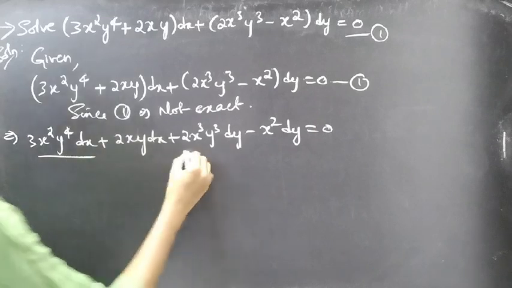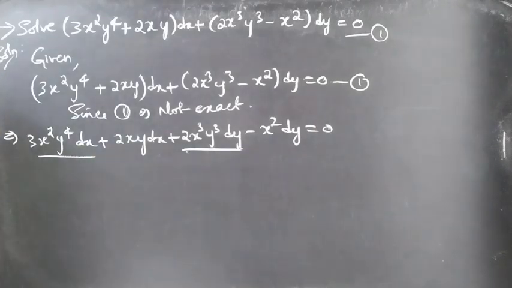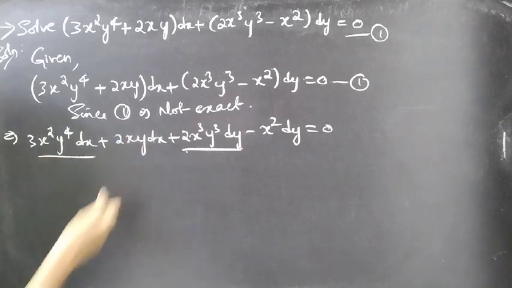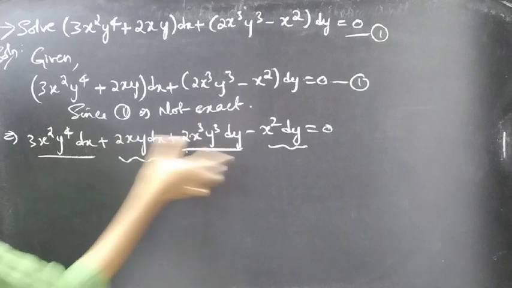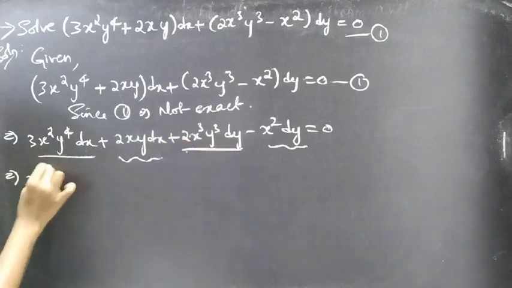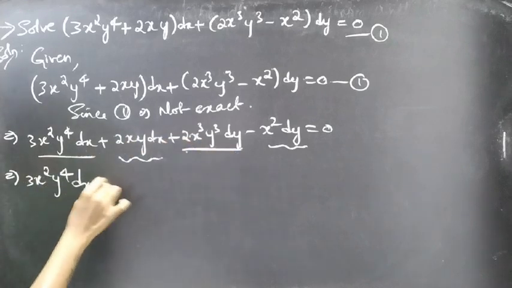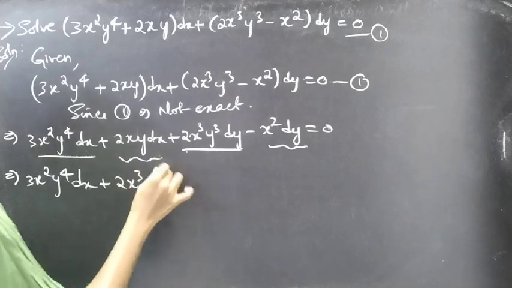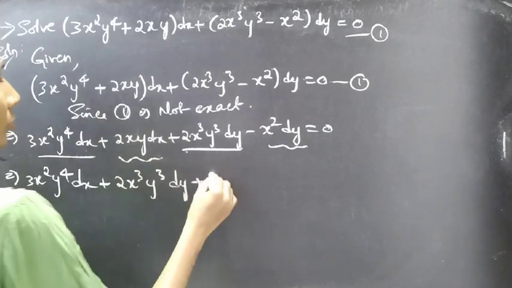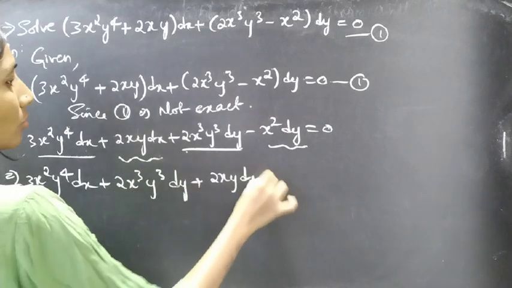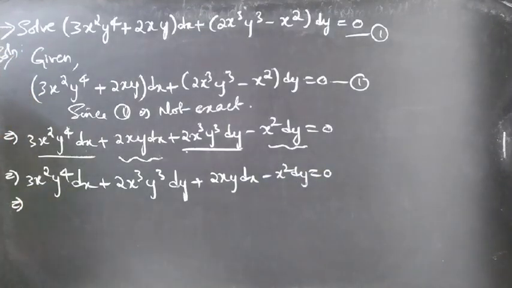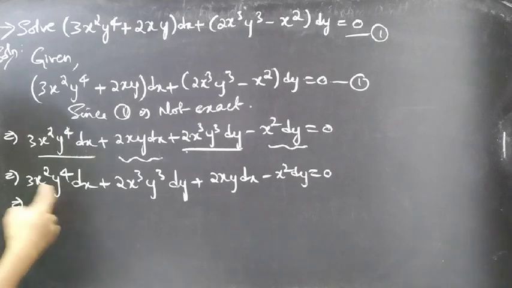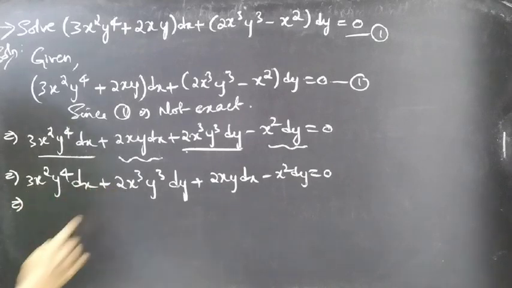Now let's take x²y³ common from these two terms and x common from these two terms. Okay, firstly I'll write the first term and third term together. Now I'll write the remaining terms. Now we can just take x²y³ common from these two terms.